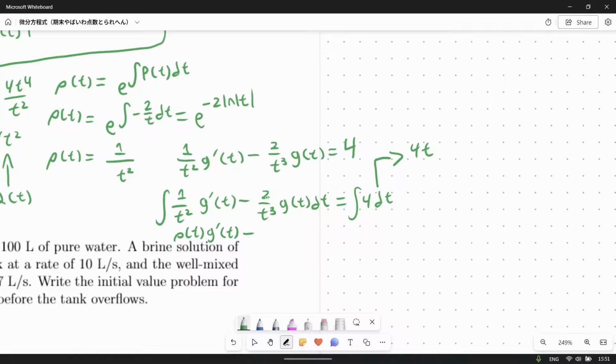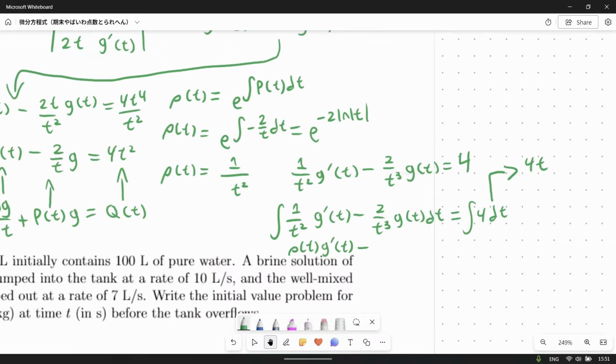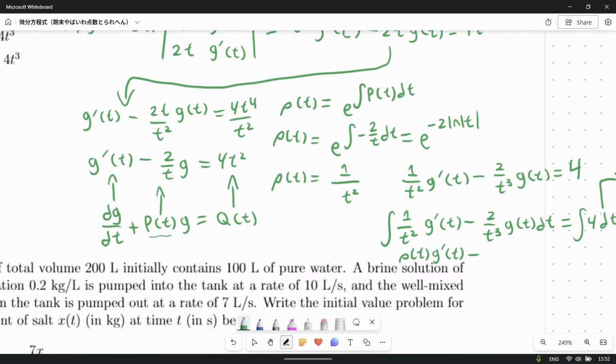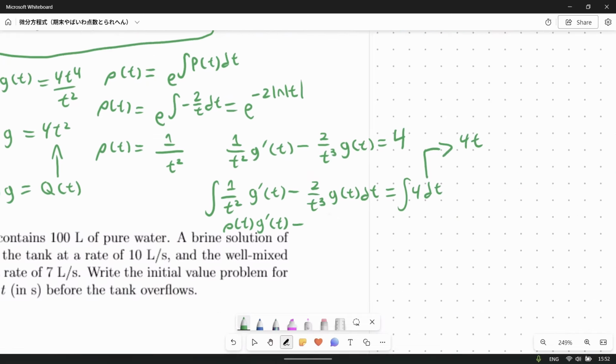What you'll notice is that when you multiply your integrating factor with the p of t term, it takes the form of the derivative of the integrating factor. So this left side ends up taking the form of rho prime of t times g of t, because the derivative of 1 over t squared is negative 2 over t cubed. So the left side looks like a derivative that was found using the product rule.